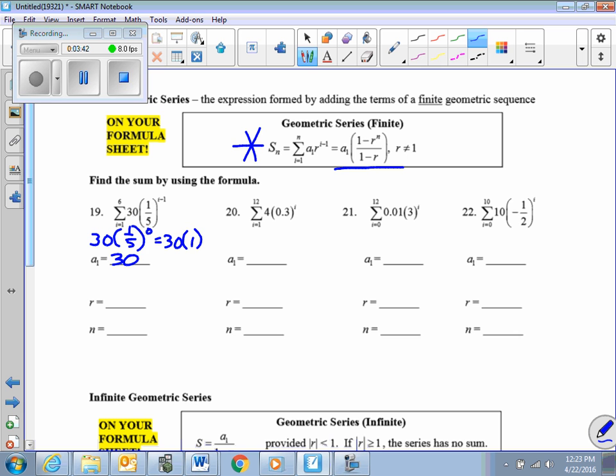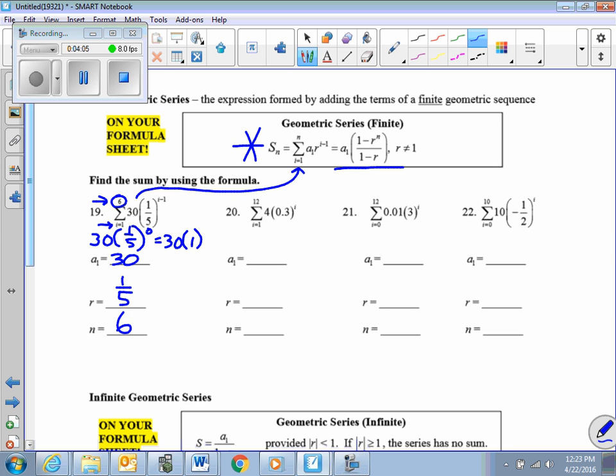My common ratio is 1/5, because I can see how this compares to the formula right here. And n, where do I get n? Right here, I'm taking 6 terms. I start with the first term, I end with the 6th term, so n means 6.